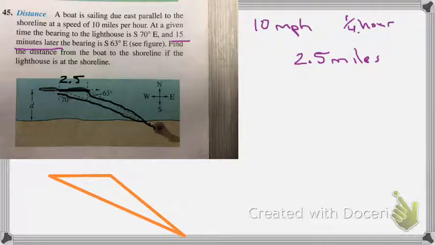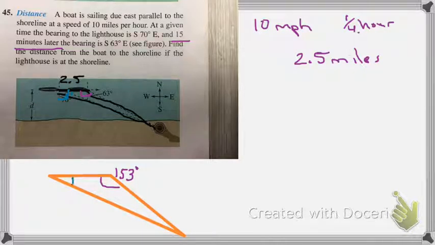I do know that this, well, let's see, this is 63 degrees, and that's got to make a 90. So that really means that this angle here is 153. 63 and 90 together. What's more, I know that this is 70 right here, and this outside angle has got to be the rest of the 90.